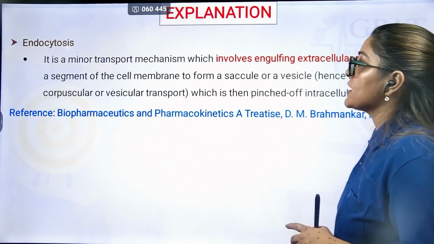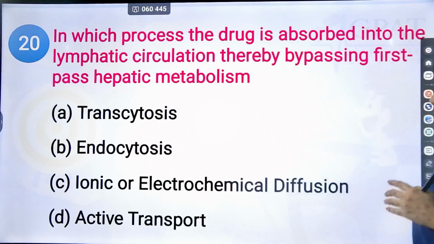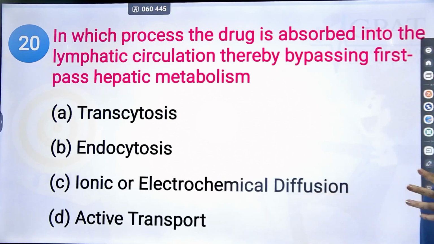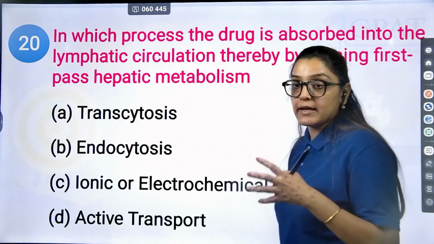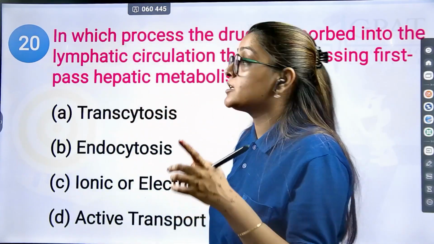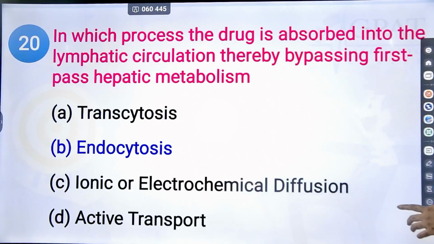Now moving on to our last question of the day. In which of the following processes is the drug absorbed into the lymphatic circulation, thereby bypassing the first pass metabolism? So the drug is absorbed into the lymphatic circulation and then bypasses hepatic metabolism.